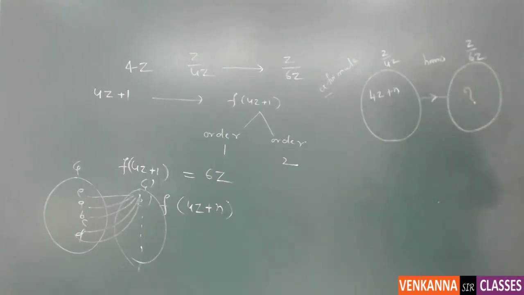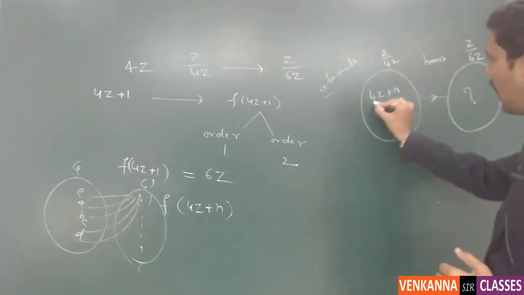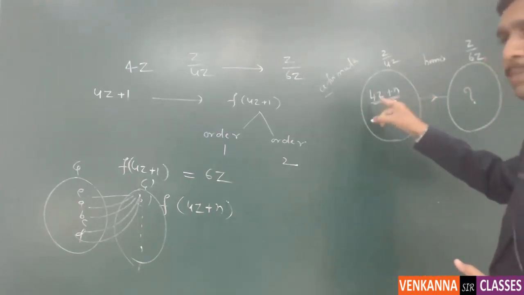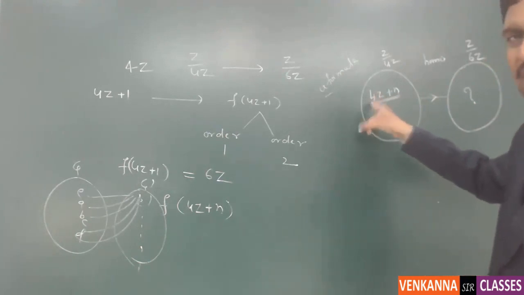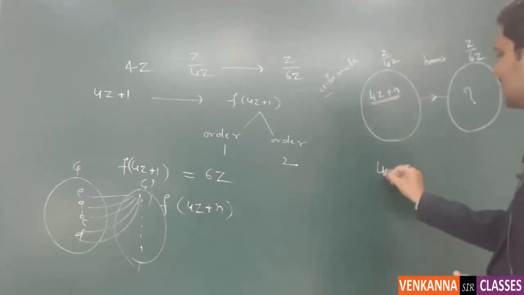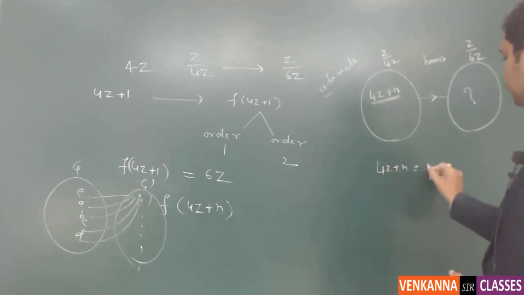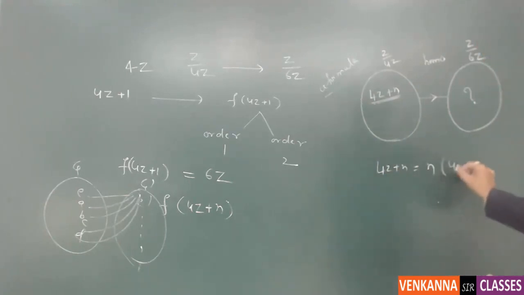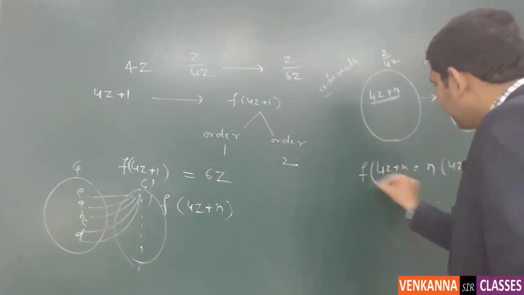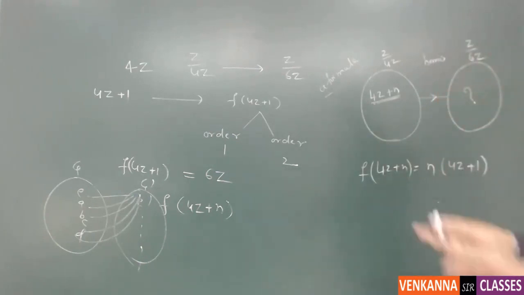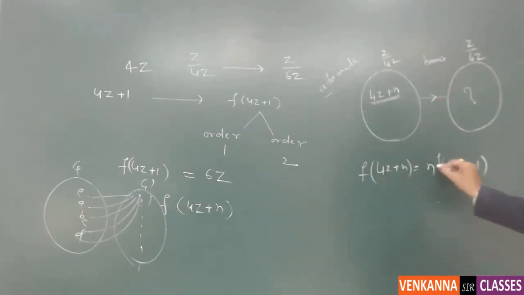That is the whole idea. So for this, whatever element 4z plus n you take on the left hand side, it is nothing but n into 4z plus 1. So if you want to know the image for this, it is better to know the image of this thing.